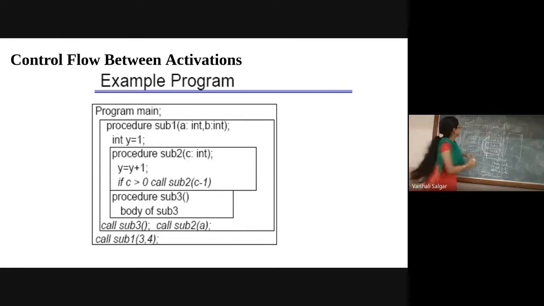Just a minute. Sub2 is also called from sub1, so the return of sub2 will be at sub1 only. This is my M activation record, and from sub1 it will return to M.